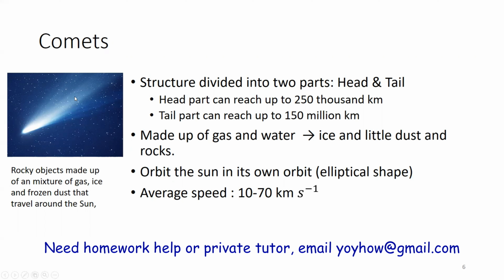And the tail part is even longer, 150 million kilometers. Your comet is basically made out of gases and water. This gas and water will later become ice and little dust and rocks. And this comet orbits the sun with its orbit.